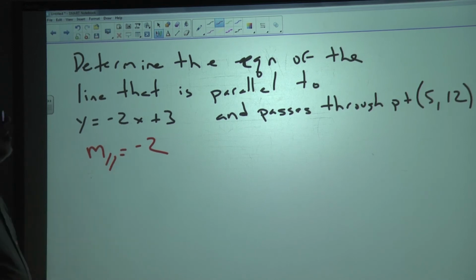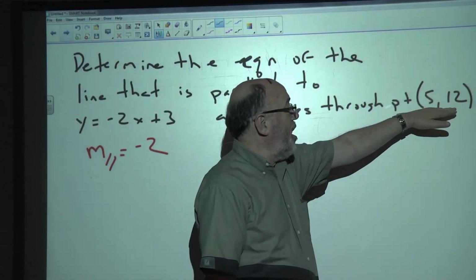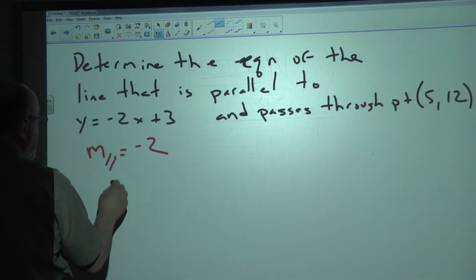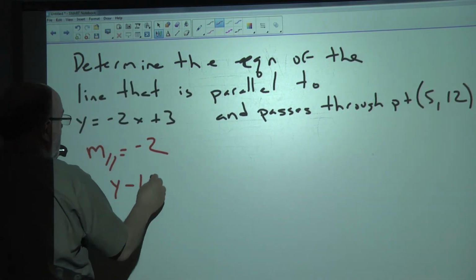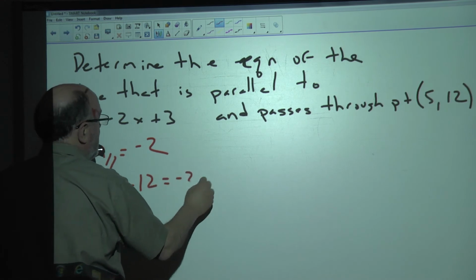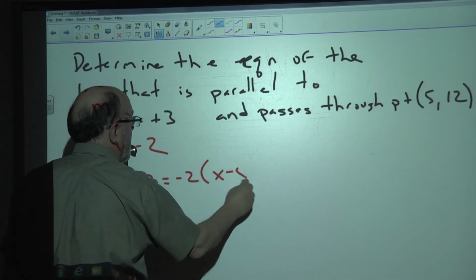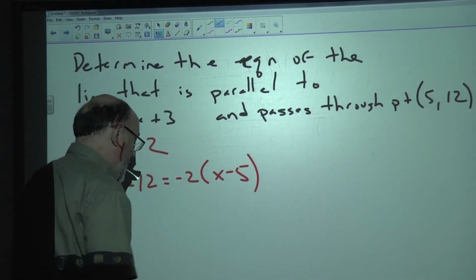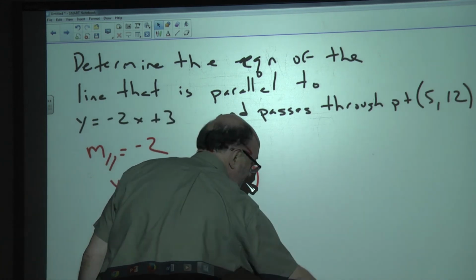So we have our slope, we have our point, and so we can write out that our equation is going to be y minus 12 equals -2 times x minus 5. And then we should be able to rearrange that and get that into the other form.